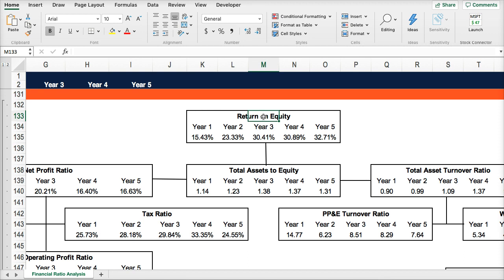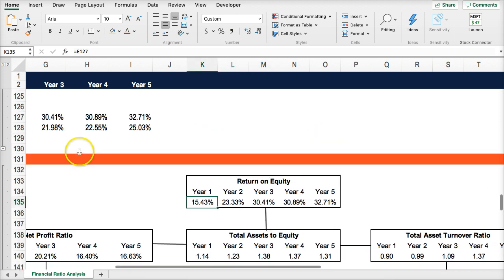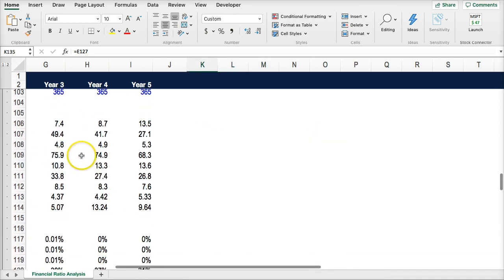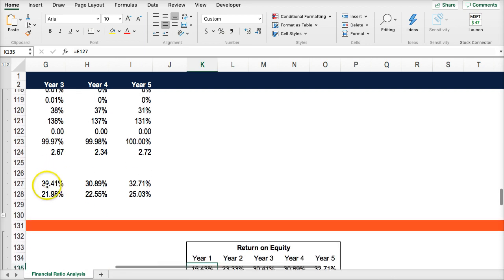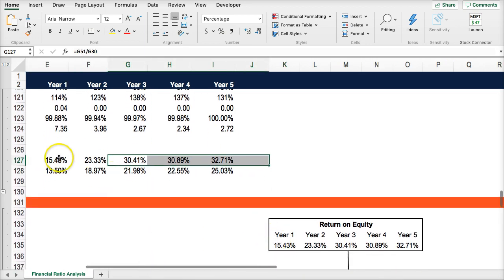So this is the return on the shareholders' equity we want to look at. And so these numbers you can see are brought up from this row G127. So if we go to 127, you see here are the ratios coming into play, and they're just hard coded to be moved down here.